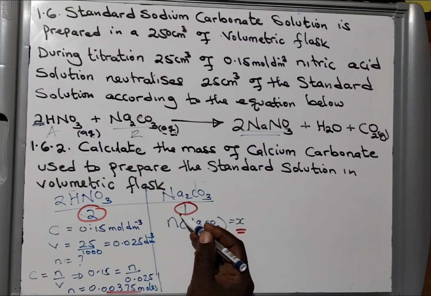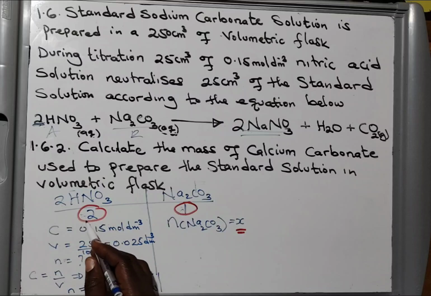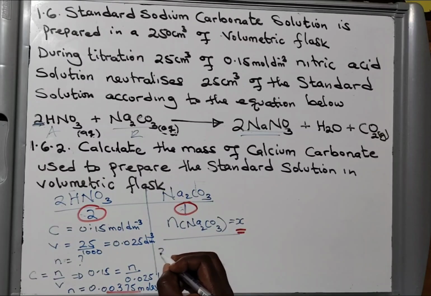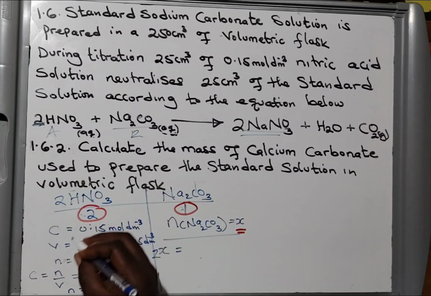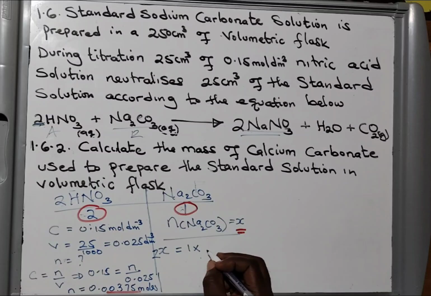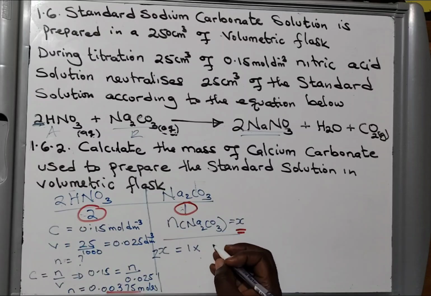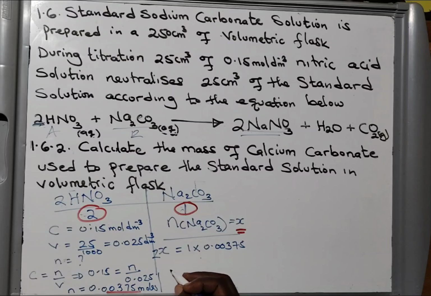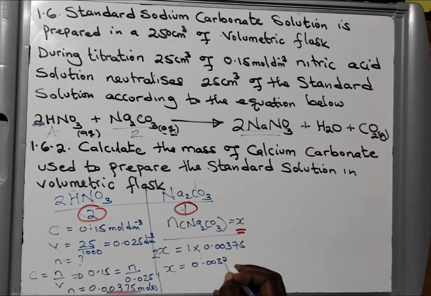So we multiply this one with this, and this one with that, and this is what you get. 2x is equal to 1 times 1 times 0.00375. So from there, x is going to be 0.00375 divided by 2.